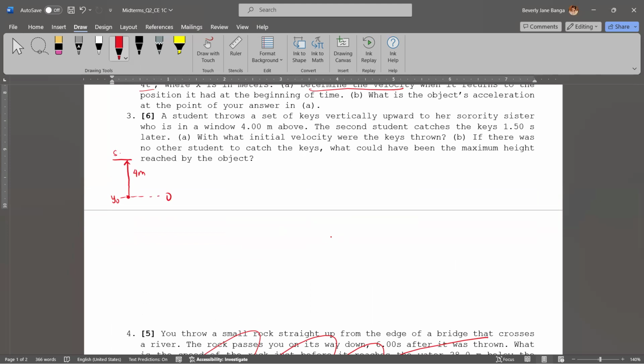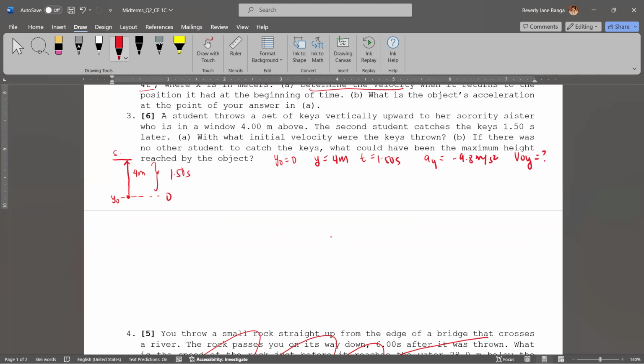With what initial velocity were the keys thrown? No? So, ito, 4 meters and it was caught in a time of 1.50 seconds. So, you have y naught is 0, y is equal to 4 meters, time is 1.5. They are on Earth, so ay is negative 9.8 meter per second squared. And we're looking here for VOY.